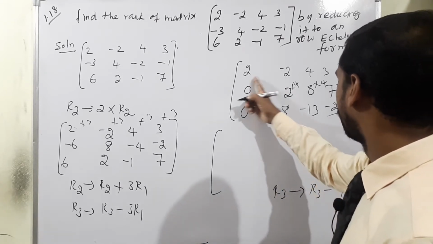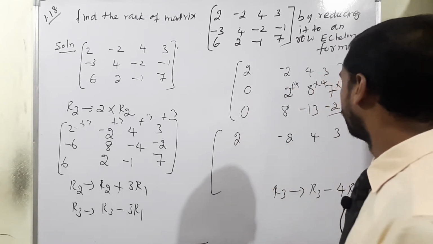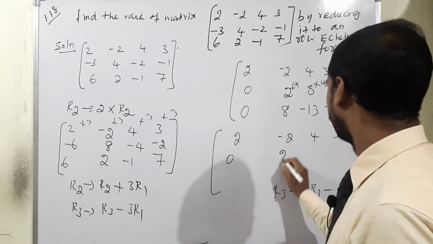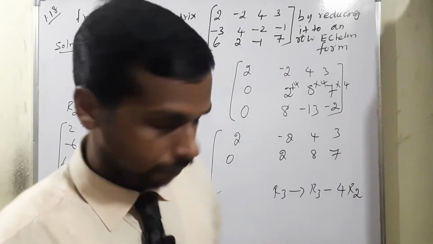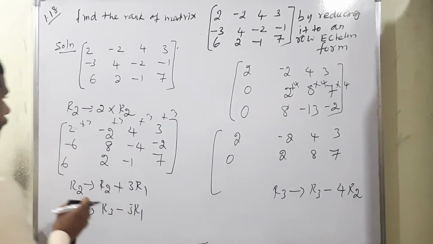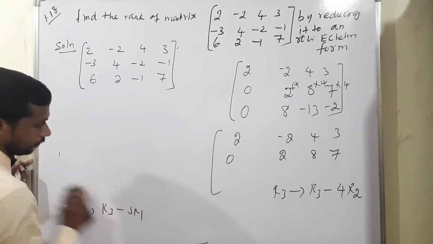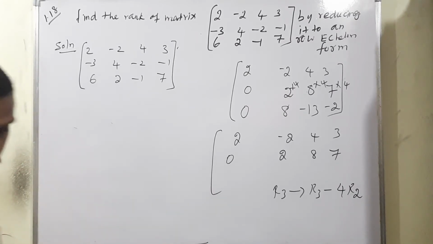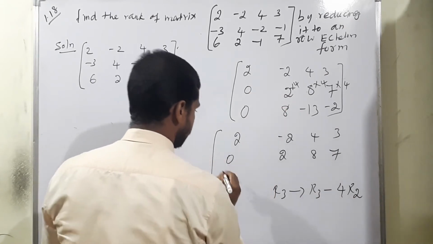R1 and R2 as they are. What is the R1 term? 2, minus 2, 4, 3. The next one 0, 2, 8 and 7. So R3 we have to apply. Comparing R3 and R2, the first term is completely 0.